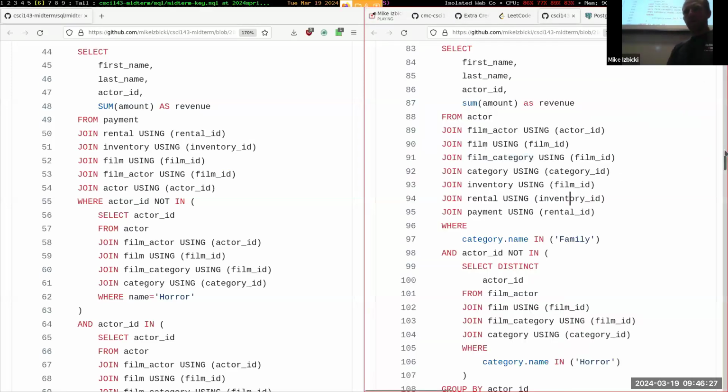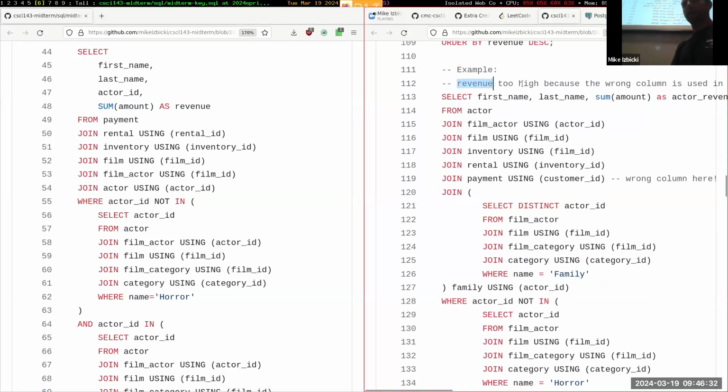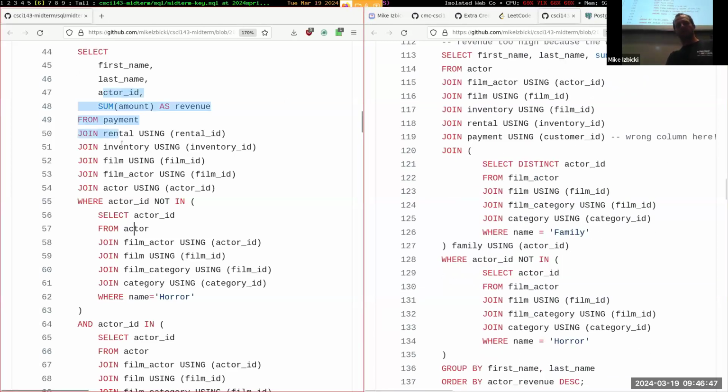Another sort of opposite problem that many people had is getting the revenue being too high for various reasons. Less common problem here. But this student submission here was a typical example of how that happened. And here this submission is actually very, very similar to mine over here.